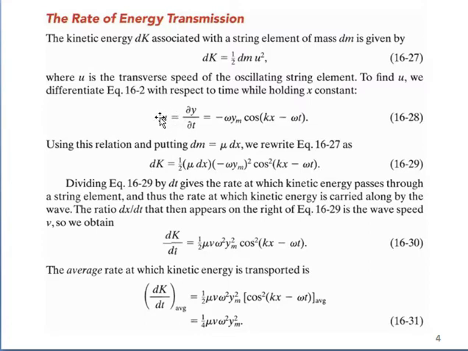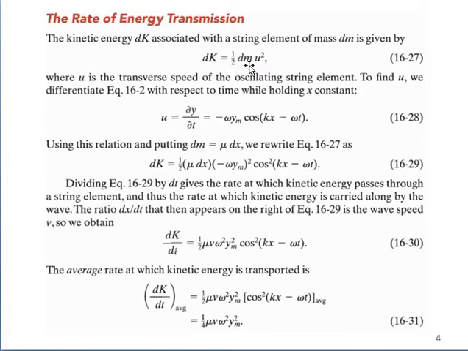Now using this value of the transverse velocity in this equation, dk is equal to half dm into (minus omega ym cos(kx minus omega t)) whole square, and replacing dm by its equivalent mu dx, where dx is the length of the element and mu is the linear mass density.